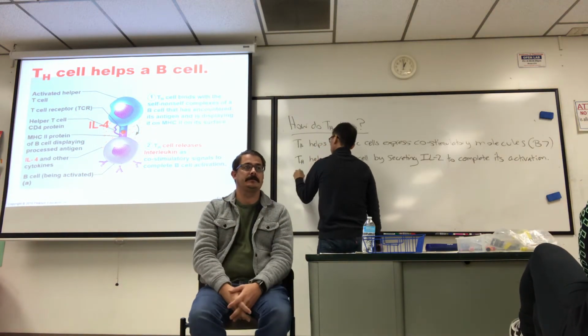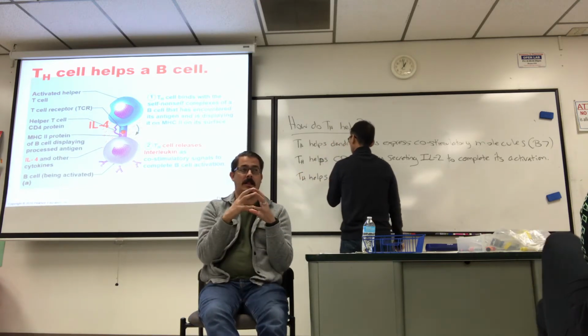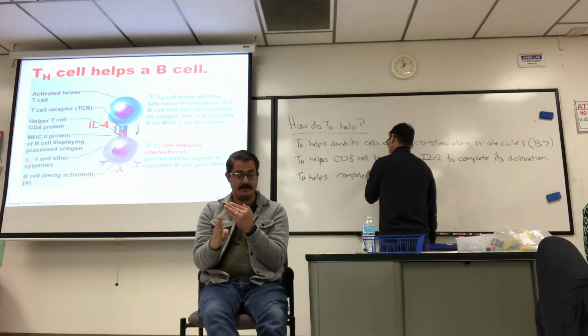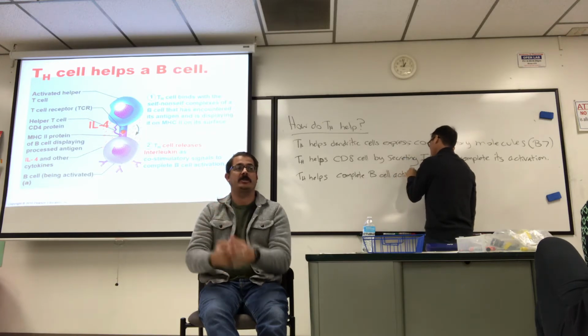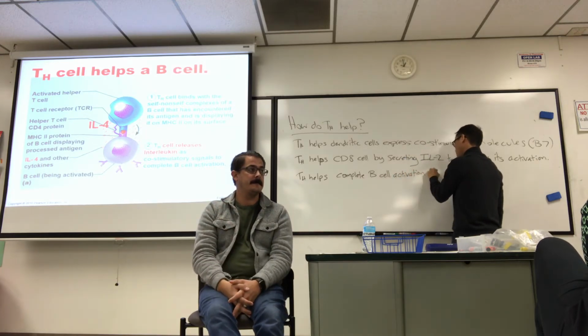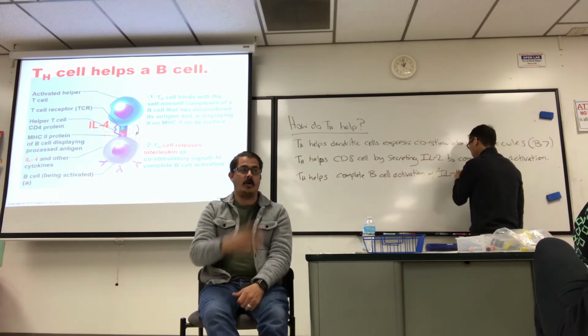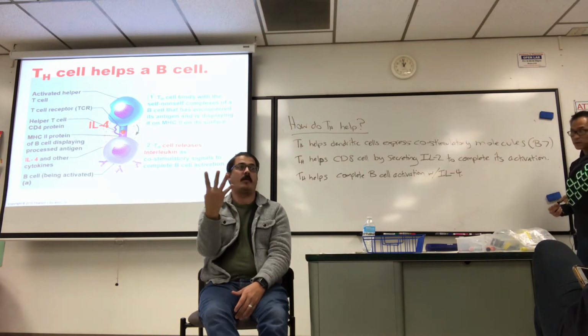That says helps. So the T helper cell helps complete B cell activation with IL-4. There's a lot of interleukins. I've just given you 3 to know. IL-1, IL-2, and IL-4.